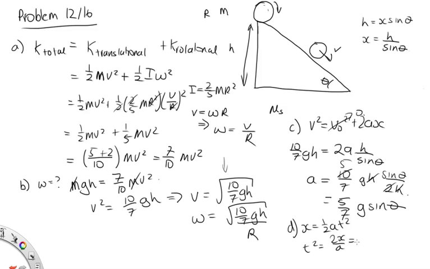So x is 2h over sine theta on a, so this is on 5/7 g sine theta. And so this is equal to 14 on 5 h over g sine squared theta is equal to t squared. So t is equal to the square root of that. And that's the answer to that problem.